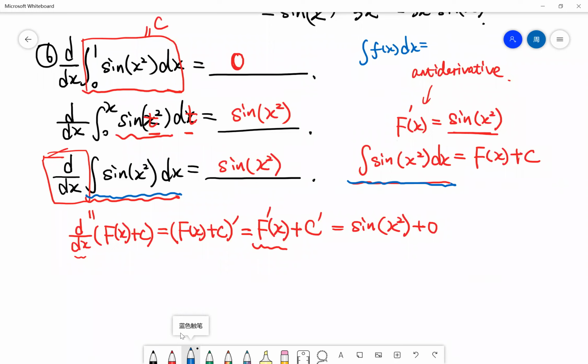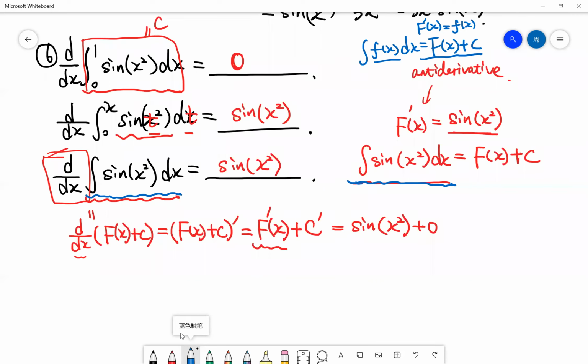That means all the antiderivatives of the function f of x. So of course, you can choose one antiderivative. And antiderivative means capital F prime equals f of x. So that equals capital F of x plus c, right? This is the definition of indefinite integral here.